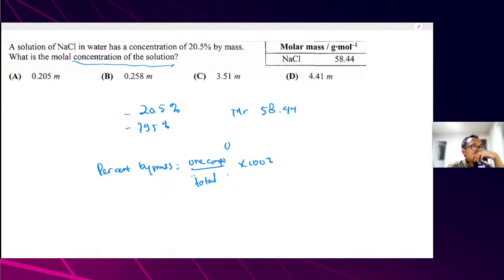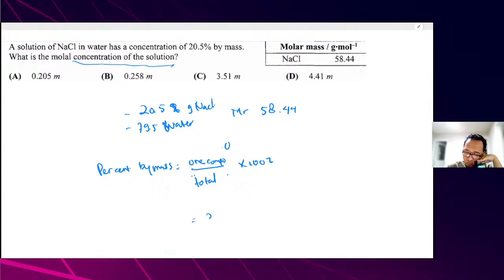Molar concentration should be mole solute per kilogram of solvent. So 79.5 is water, and the other one is grams of NaCl, so the total is 100. The question is, what is the molar concentration?